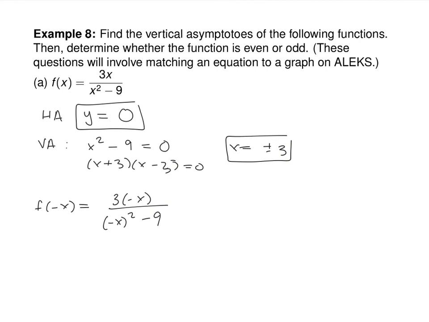What does that give you? What's the numerator? -3x. And the denominator is x squared minus 9, right? Is that the original function? No, so it's not even. Is it the original function multiplied by -1?